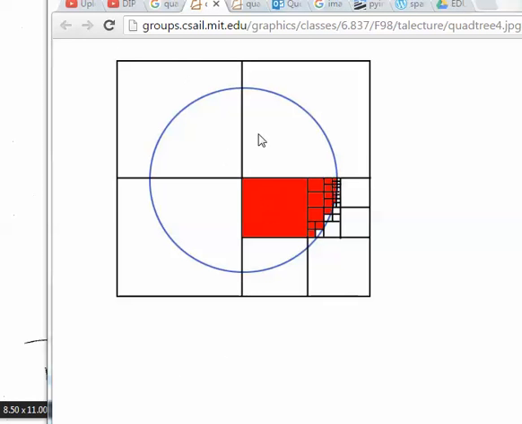So here again, this is the representation. The original picture was a circle, and this circle has an area here in red.